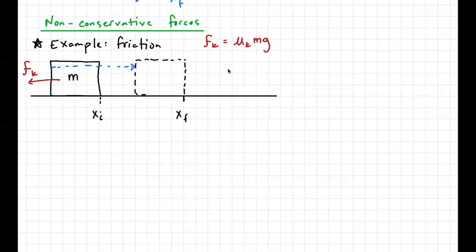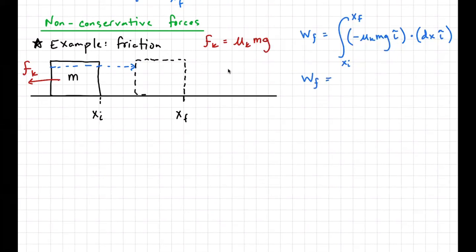So for this blue path, the work done by friction will be the integral from xi to xf of the force of friction, minus mu k mg i hat, dotted with dx i hat.